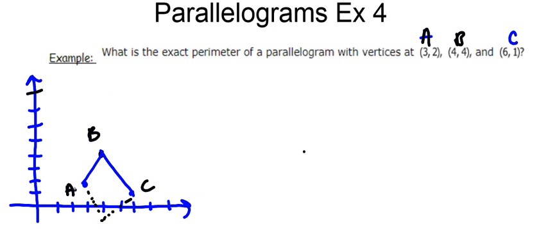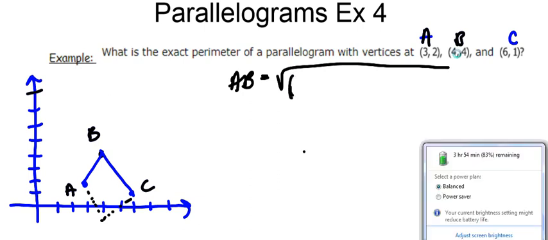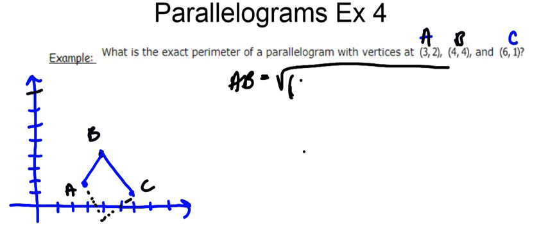So distance, length, when you find perimeter, you're doing the distance formula. So I'm going to do a distance formula between this A and B point. So let's see. The distance formula says x1 minus x2, so 4 minus 3 squared, and then plus y2 minus y1, so 4 minus 2 squared.